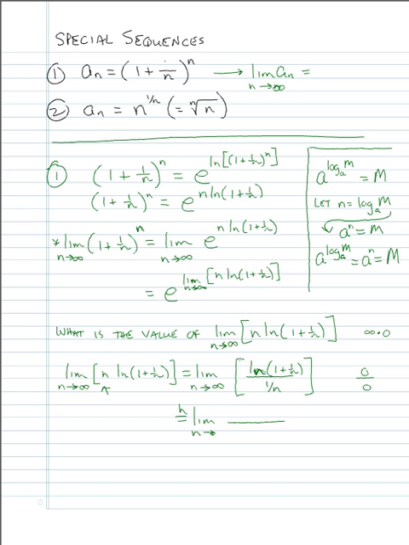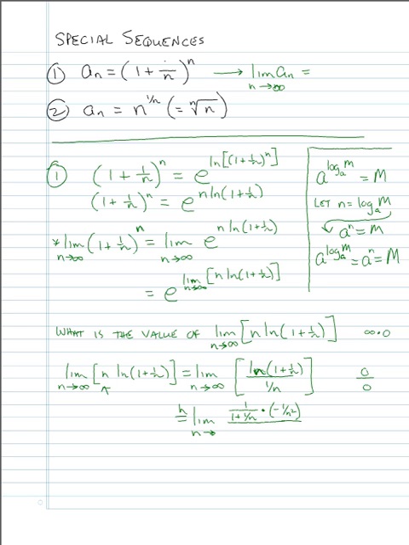Well, it's 1 over the argument, so it's 1 over 1 plus 1 over n, isn't it? And then we multiply with the derivative of the argument. And the derivative of 1 plus 1 over n: the derivative of 1 is 0, and the derivative of 1 over n is negative 1 over n squared. And you can verify that without a great deal of difficulty.